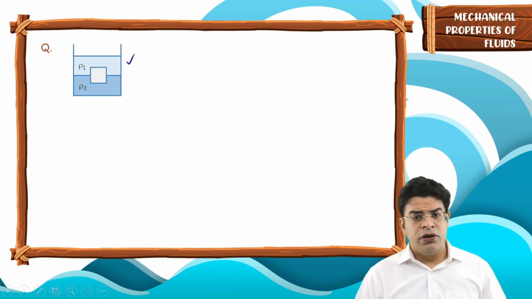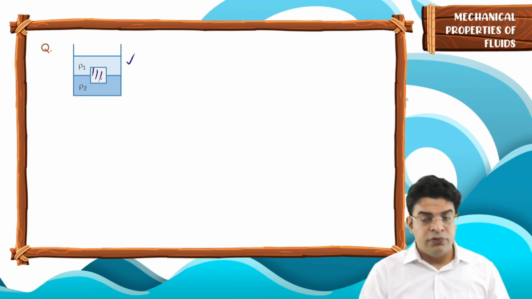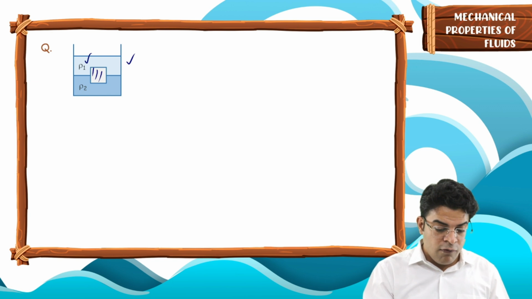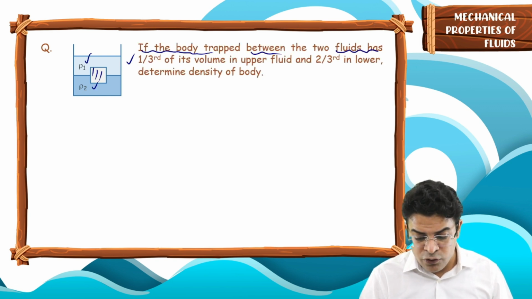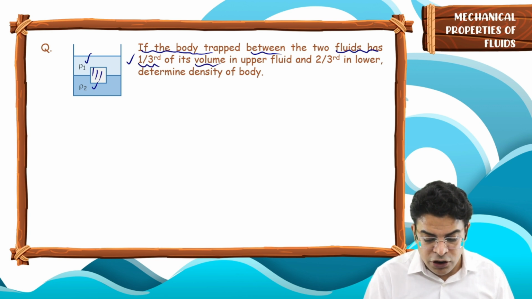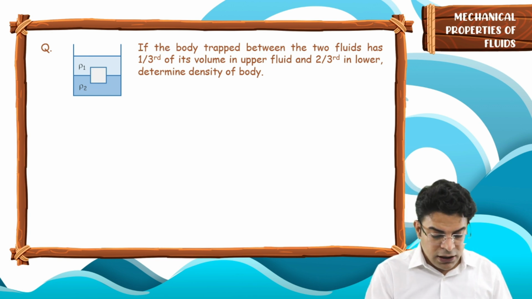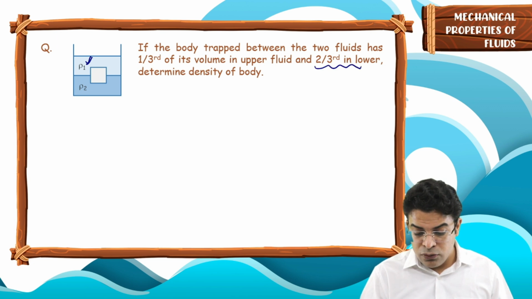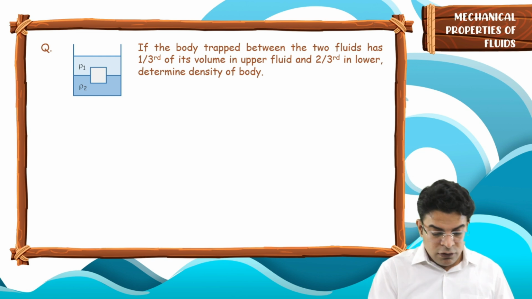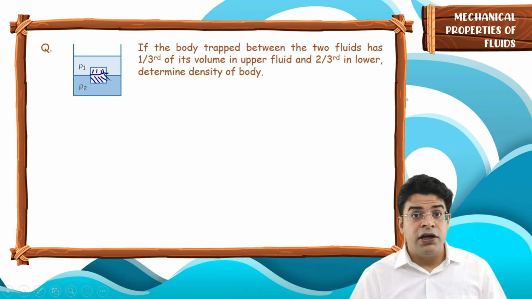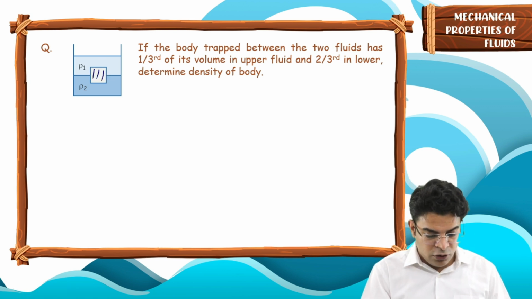Now let's say you have got this object trapped between two fluids of density ρ1 and ρ2. So the question is, if the body trapped between the two fluids has 1/3 of its volume in the upper fluid and 2/3 in the lower fluid, determine the density of this body.